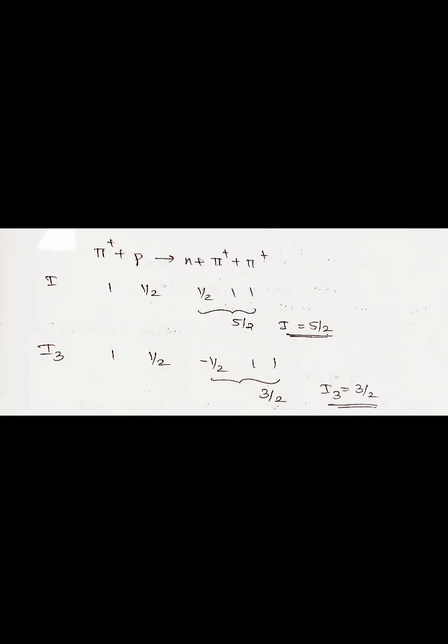And for I3 it is half, minus half, 1, 1. The I3 value of the decay products is 3 by 2. That is, the value of I is equal to 5 by 2 and I3 is equal to 3 by 2. So option C is the correct answer.